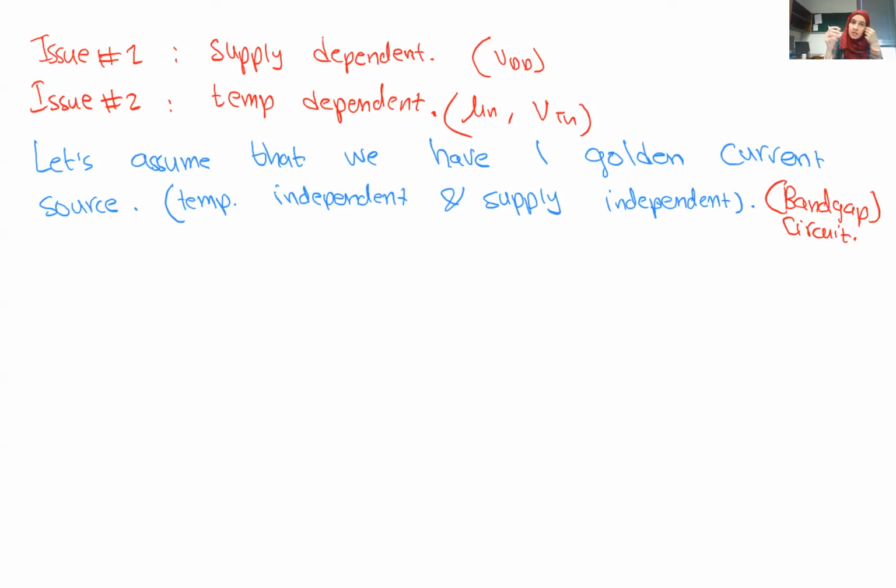But let's assume that we have this ideal current source that is independent of the changes in the supply and the temperature variations.